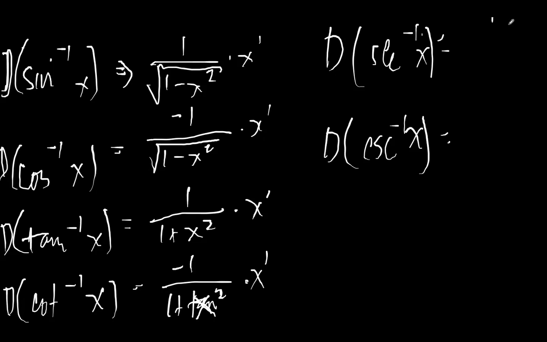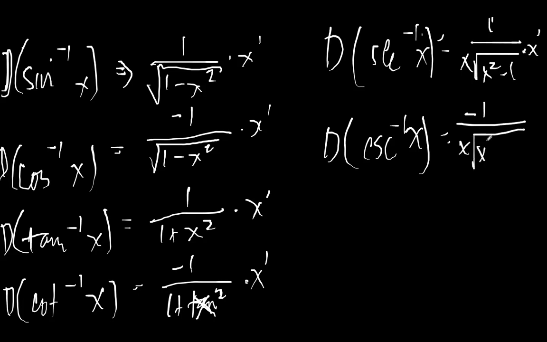The derivative of inverse secant is 1 over x times the square root of x squared minus 1 times x prime. And of course, you're just going to negate it for inverse cosecant. So look at that, guys. They're just the same, negated, negated, and negated, right? So that's how I memorize the derivatives of the inverse trigonometric functions.